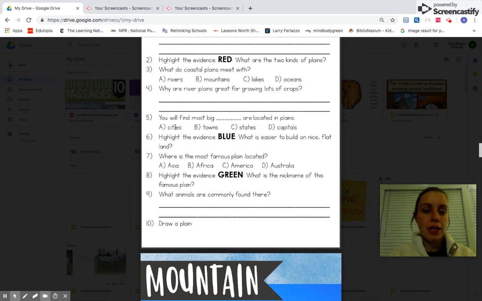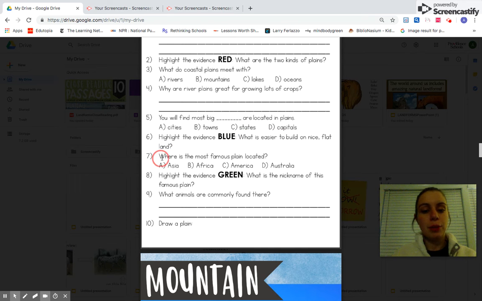Okay, number 6. Highlight the evidence. What is easier to build on nice flat land? Okay, so find in the text where does it say what is easier to build on nice flat land? And then you write number 6 next to it. You can either underline or if you have the highlighter, write number 6.